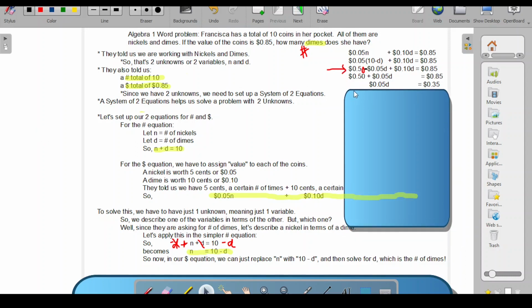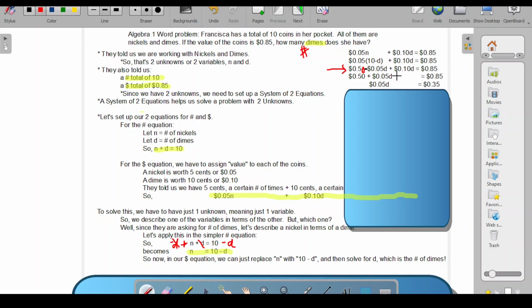All I did was say, okay, I can't just isolate this d yet, but I can isolate this entire term by adding a negative 0.50 to both sides. I'll just put it here, and I'll go in red.